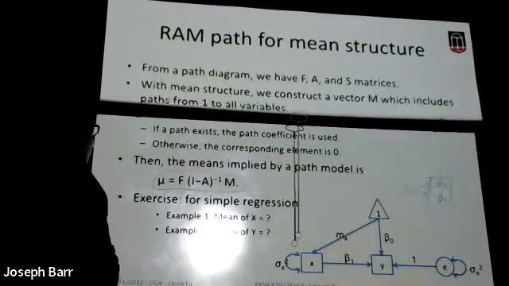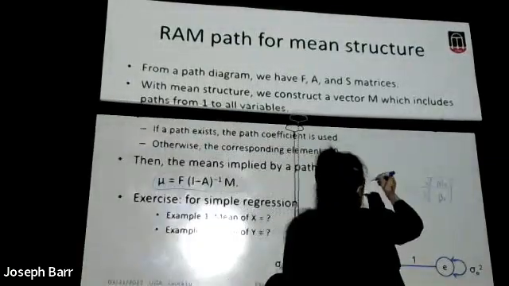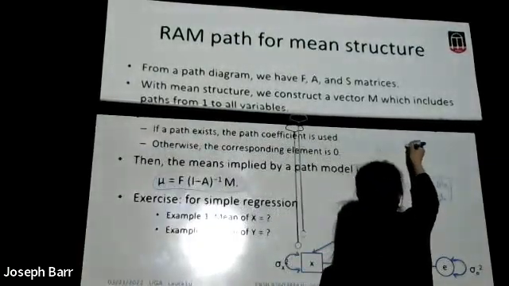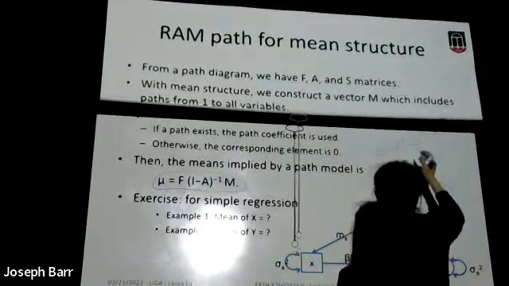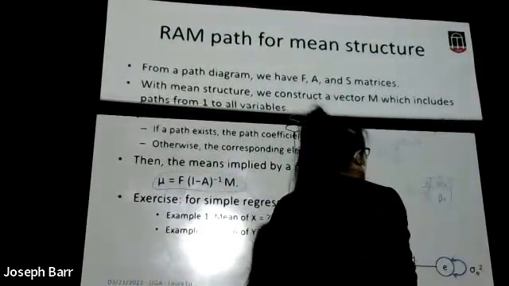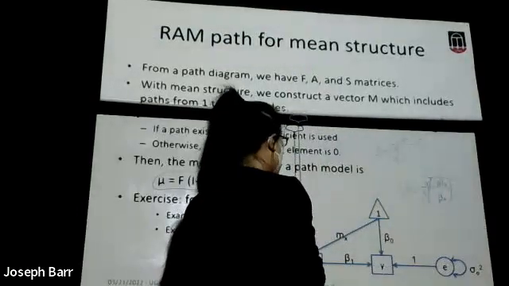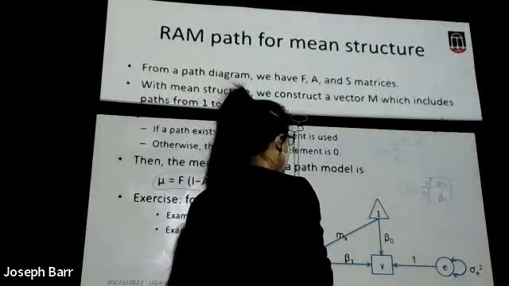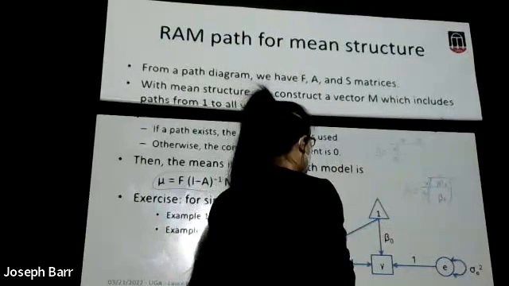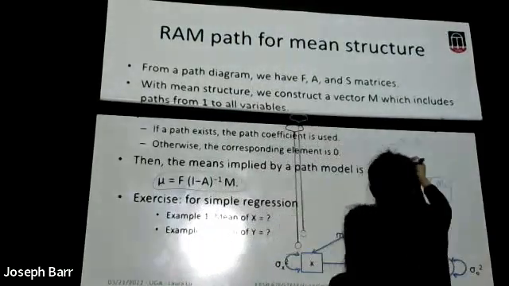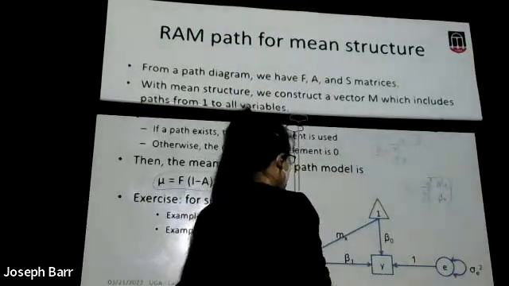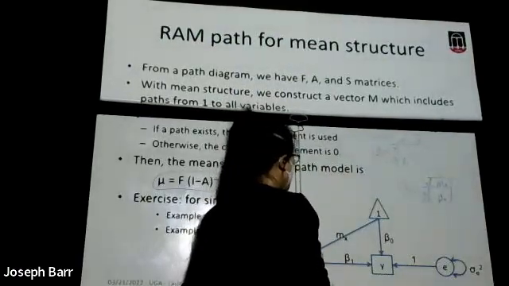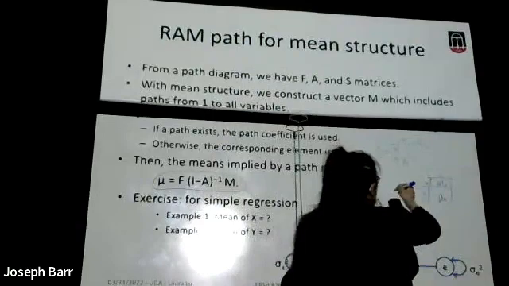So what is A? A has X here and Y here, and X and Y here. Single-headed arrow: from X to X, no single-headed arrow. From X to Y, yes, so we have beta 1 here. From Y to X, no. From Y to Y, no. So that's our A matrix.